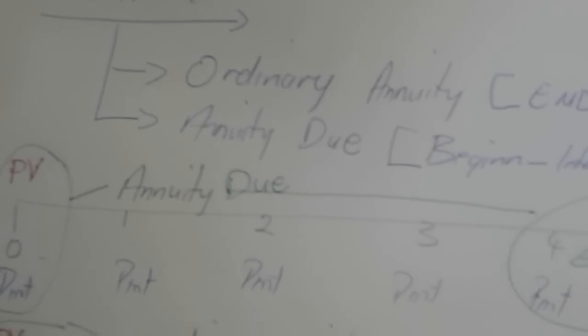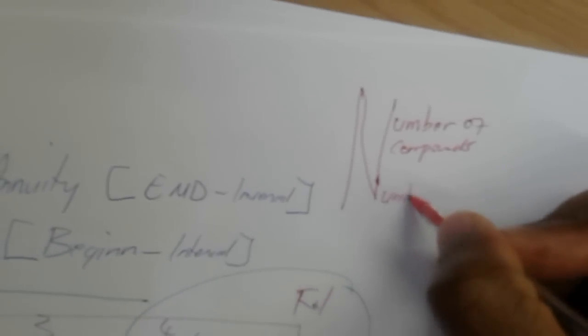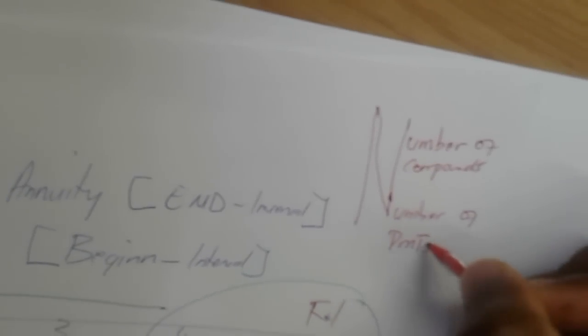And remember also one more thing to assist you. Remember, in compound interest we said N is the number of payments, number of compounds, which still applies to annuities. But now I want to add another simplified version, which is number of payments. So if there are 10 payments, you know that is 10 compounds.